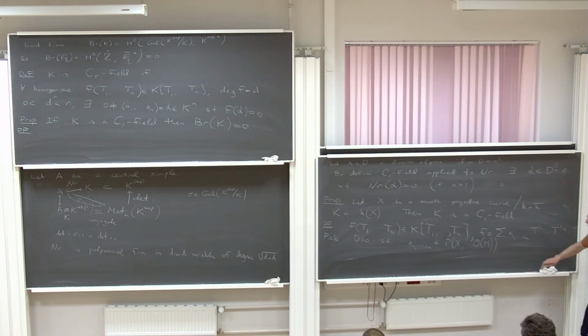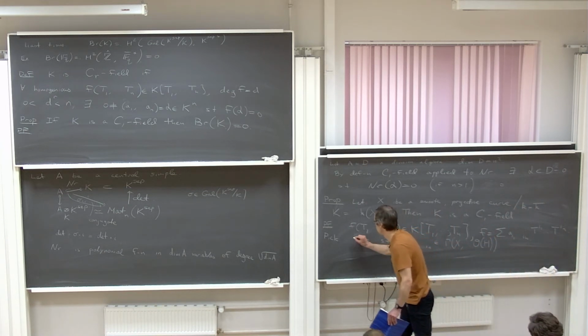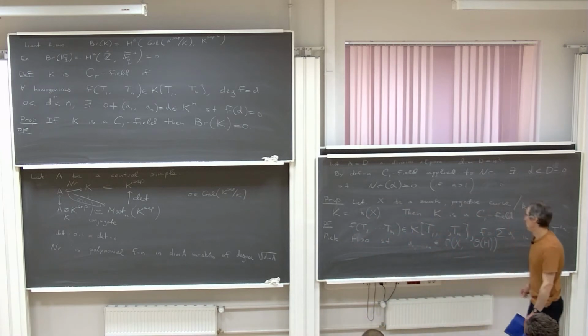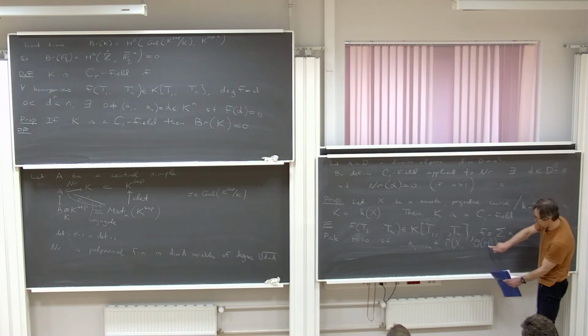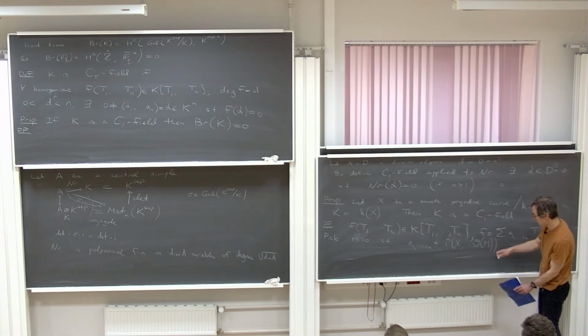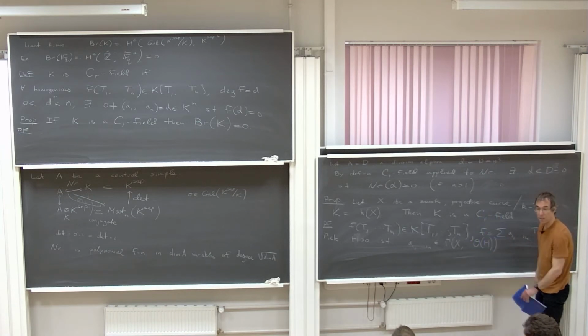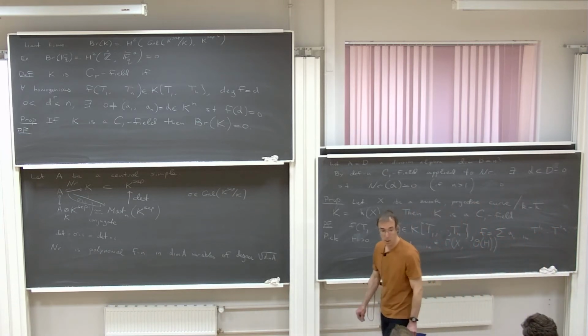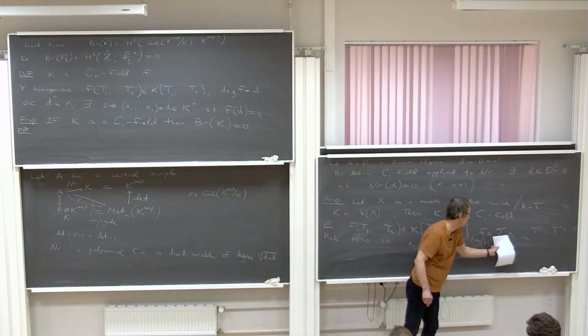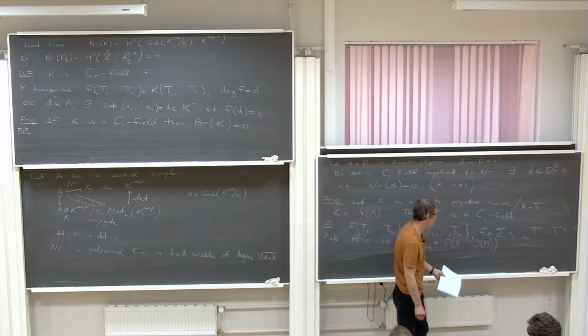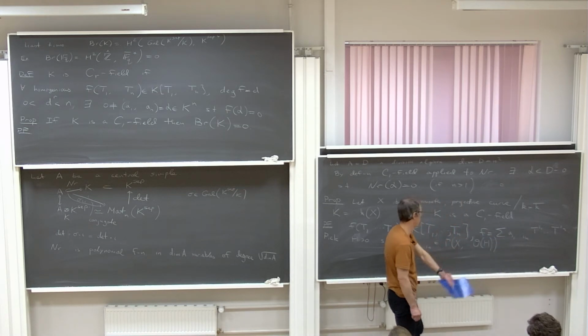Oh, sorry, this is, let's call it H. So why can I do this? Again, what are global sections of this line bundle? If H is an effective divisor, this consists of rational functions that are regular outside of the support of this divisor, and have bounded order poles at the support. So of course, for every finite collection of rational functions, I can find such H.